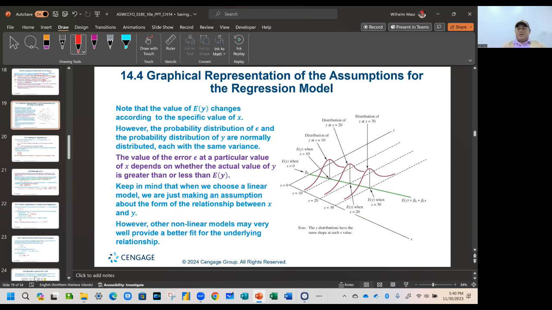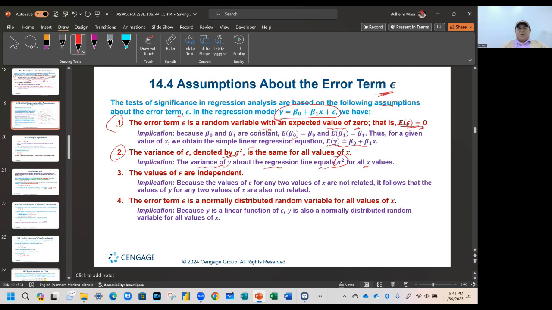What we're saying is this: here's your estimated regression line, and each of the x values are predicting y, but the variance of where the actual y value is going to be located is going to be equal for each of those x values, as represented by these confidence intervals over each of the x values.